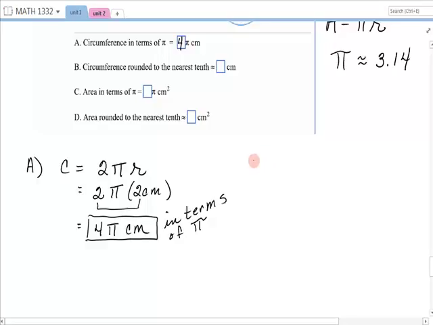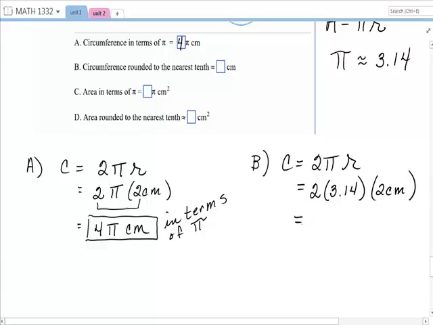Now part B says find the circumference rounded to the nearest tenth. Now we get to use the 3.14. So circumference is 2 pi r. It is 2 times pi, which is 3.14, times the radius, which is 2 centimeters.